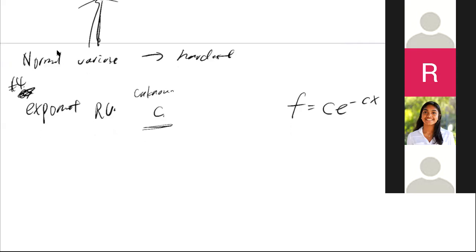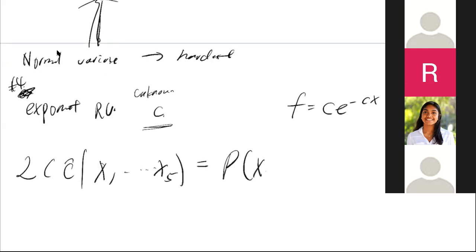First, we set up the algebraic notation: we're finding the likelihood of the unknown parameter c given x1 to x5. This is defined to be the probability of x1 to x5 given c.